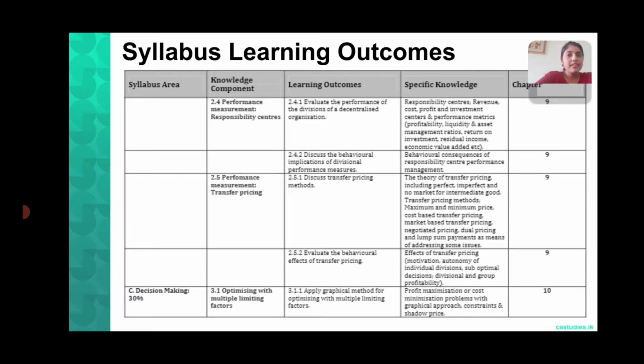Alright. Then we move on to section C, which is the largest section in your syllabus, which is decision making 30%. So here your knowledge component is 3.3, optimizing with multiple limiting factors. As a first learning outcome, they want you to know the graphical method of optimizing multiple factors. Let's move on to the next and see what the rest are.